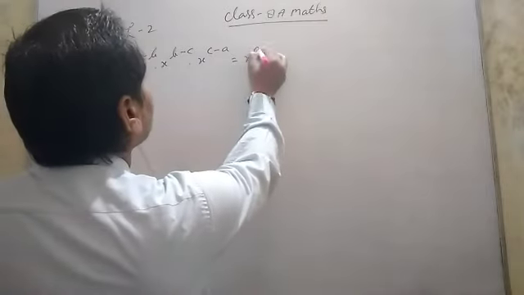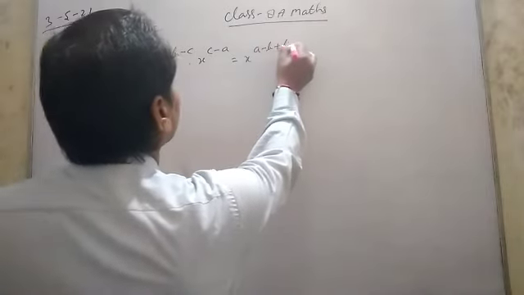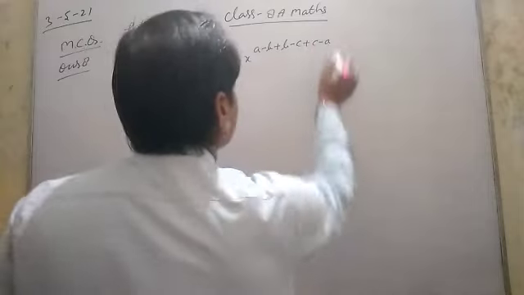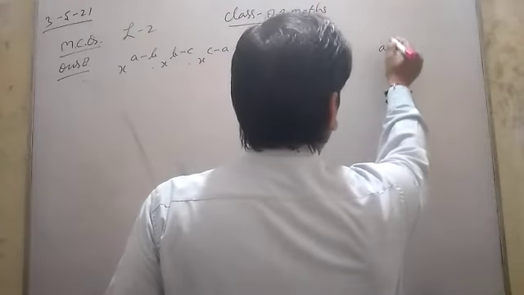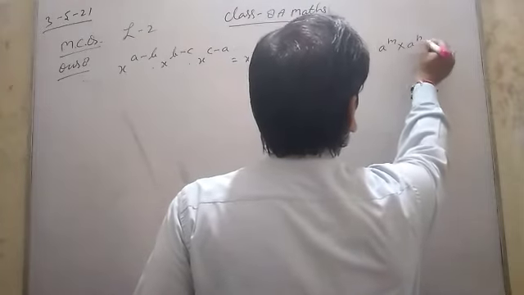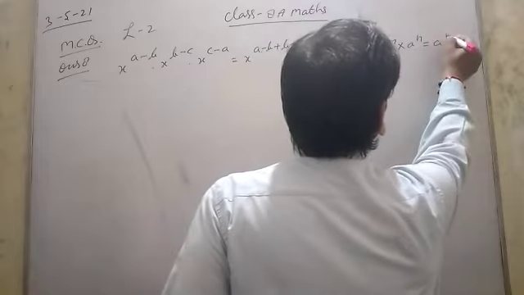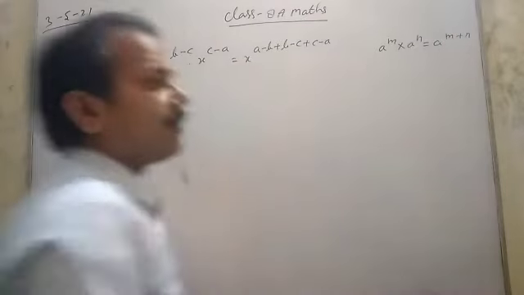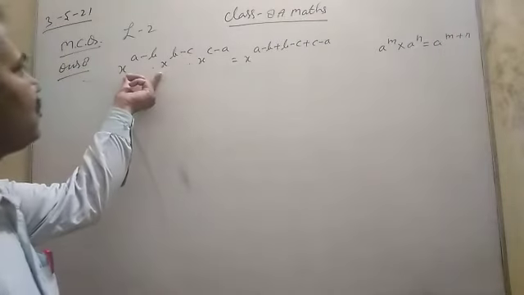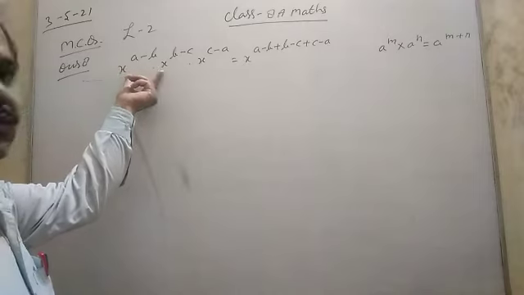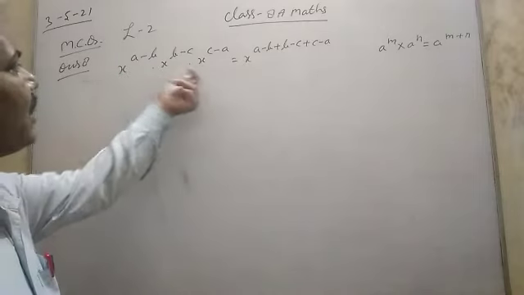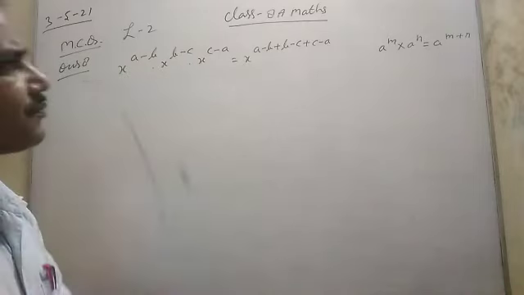So x power a minus b plus b minus c plus c minus a. And the formula: a power m into a power n is a power m plus n. So first apply for these two, and after that these two will become one, and then apply with that also.